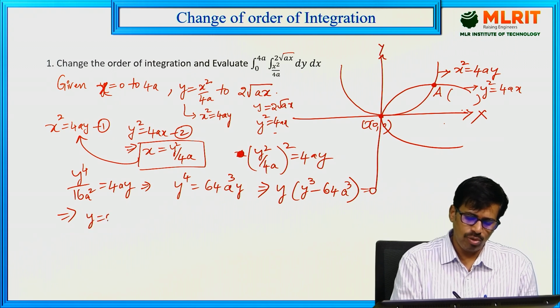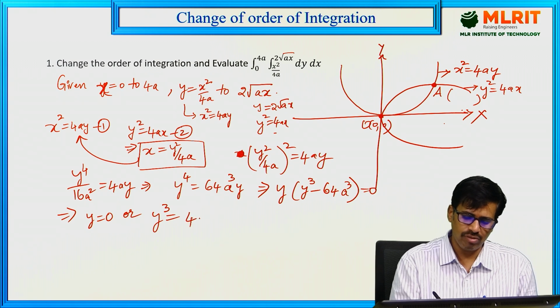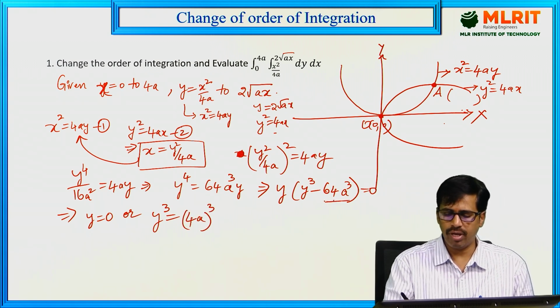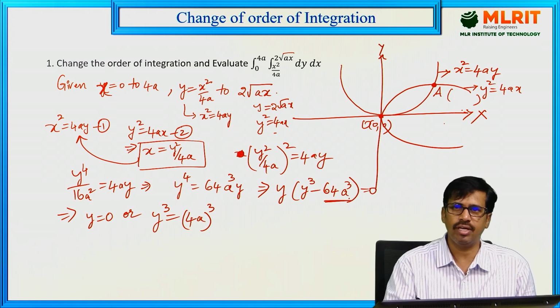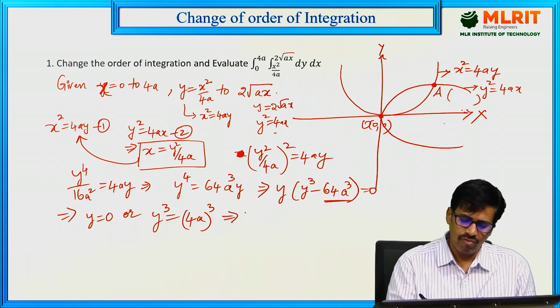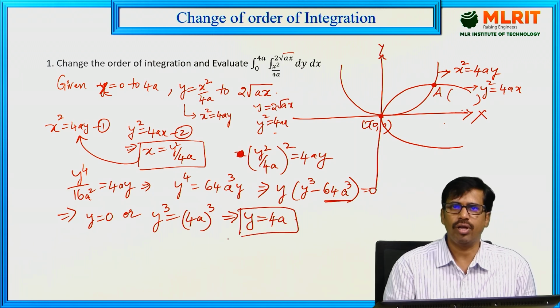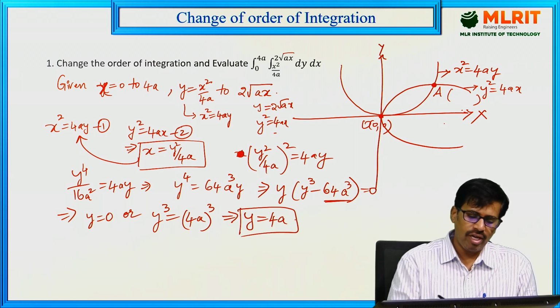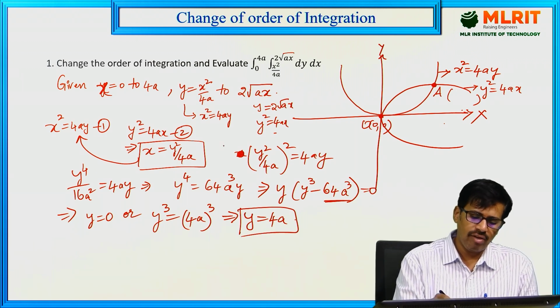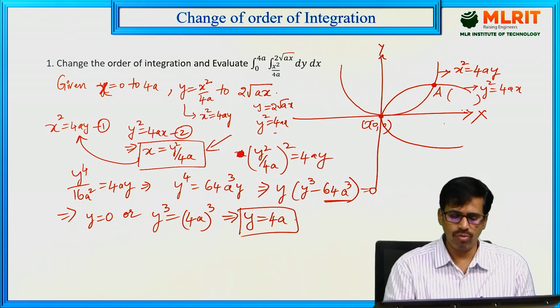So y equal to 0 or y cube equal to 64a cube, which can be written as 4a whole cube, isn't it? So that means y is equal to 4a. So we got y equal to 4a. So substitute y equal to 4a in this equation, so we get the x value.